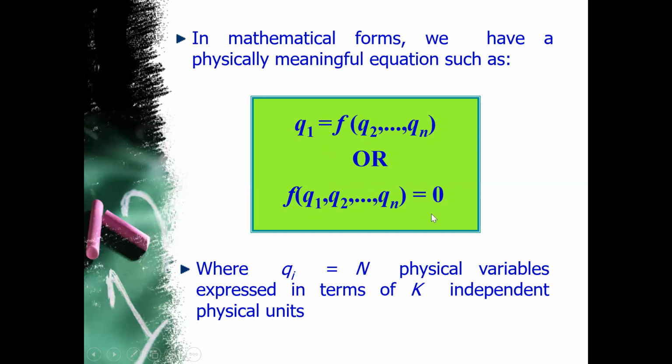Where Q is equal to N physical variables, expressed in terms of K independent physical units. So N is the number of physical variables, and K is the number of fundamental dimensions, the independent physical units.